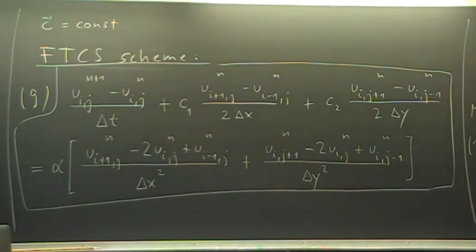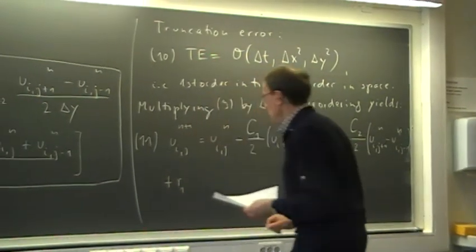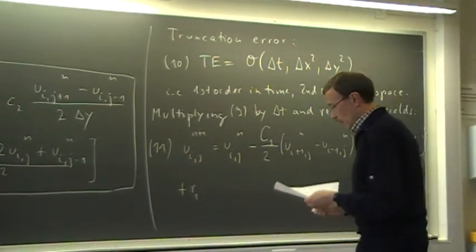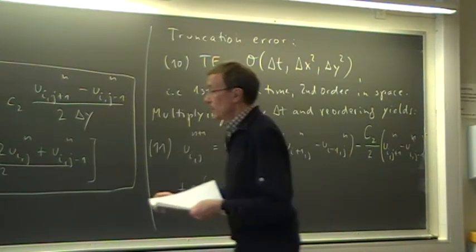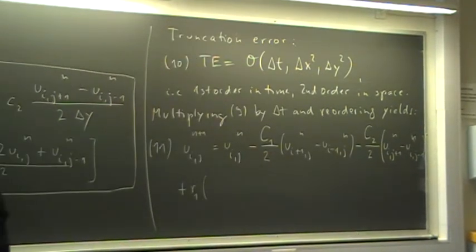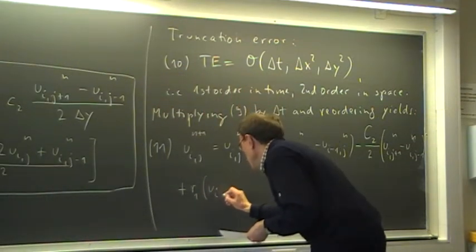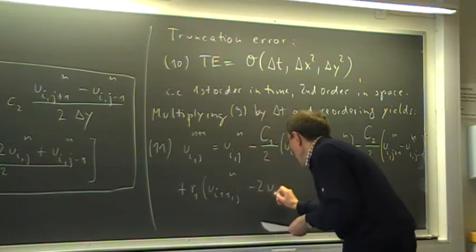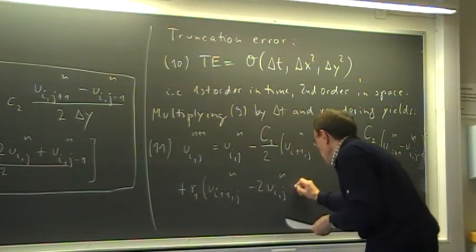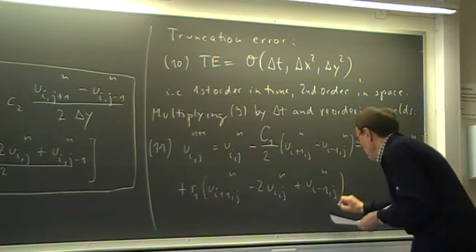So on the right hand side, in addition, I denote that by R1, the von Neumann number in x direction, and then the numerator: u i plus 1 j n minus 2 u i j n plus u i minus 1 j n.